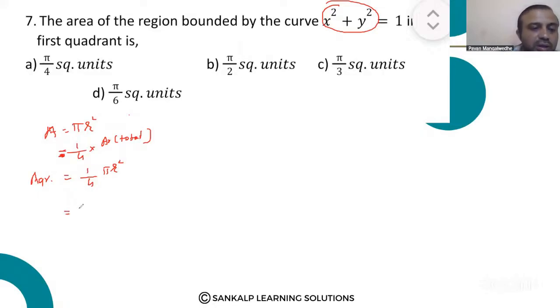So that is 1 by 4 pi into 1 square, which is nothing but pi by 4. So pi by 4, option A is the correct answer.